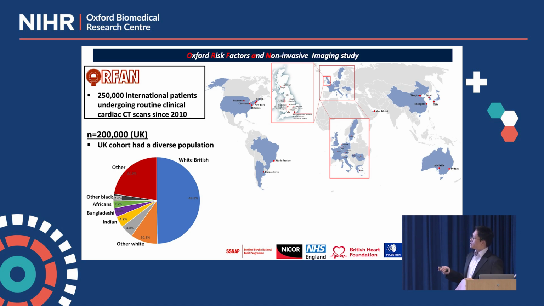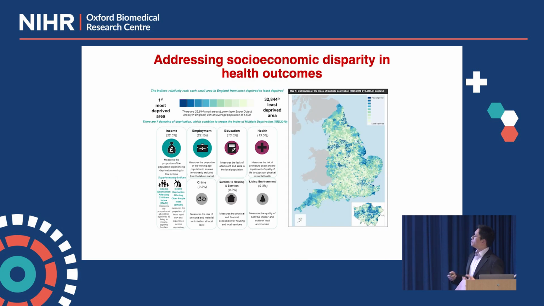And importantly, it includes a very ethnically diverse population, and that reflects the patients that we see day to day who come for CT scans for heart problems. And with this data, we can start to address something that's close to my heart, the socioeconomic disparity in health outcomes.